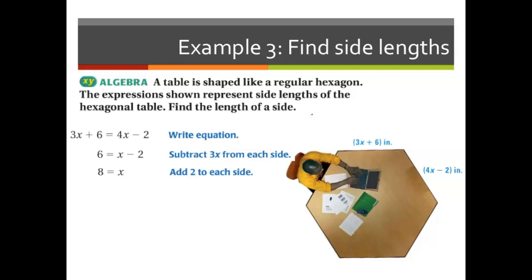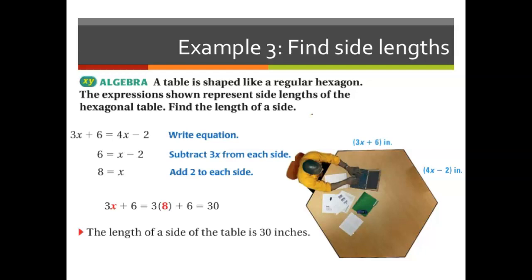We're going to substitute 8 in for x. I'm going to do it in 3x plus 6, so 3 times 8 plus 6, which is equal to 30. So the length of a side of the table is 30 inches. You'll notice that if I had plugged 8 into 4x minus 2, we would have had 4 times 8 minus 2, which would have also given us 30.